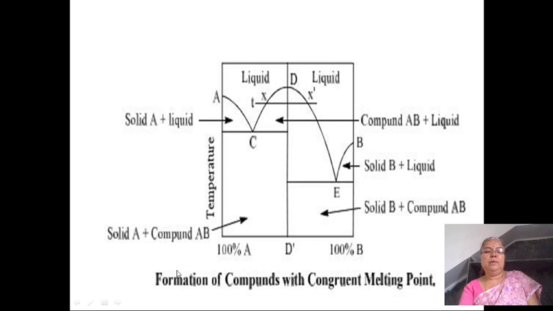Then the next point is formation of compounds with congruent melting point. The congruent melting point is the melting point at which the composition of the solid and its liquid are the same. In the next lecture we will see how the phase diagrams of two component systems with congruent melting point are explained and what are the proper examples.